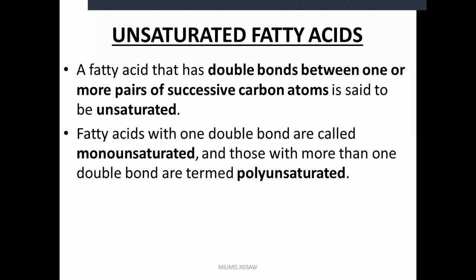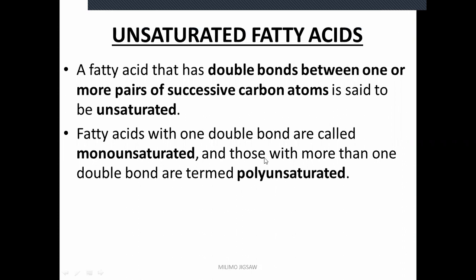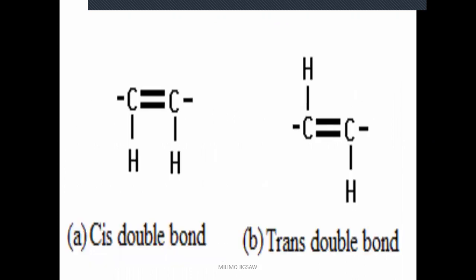Fatty acids that have one double bond we call monounsaturated, and those with more than one double bond are called polyunsaturated. Most of the naturally occurring unsaturated fatty acids have double bonds in the cis configuration. So you have cis and trans configurations. Cis means that the carbon chain is on the same side before and after the double bond.